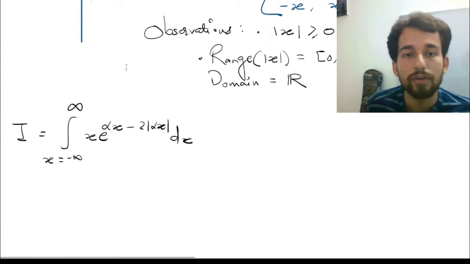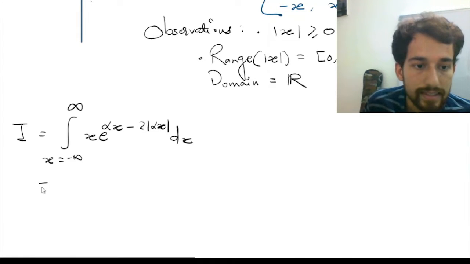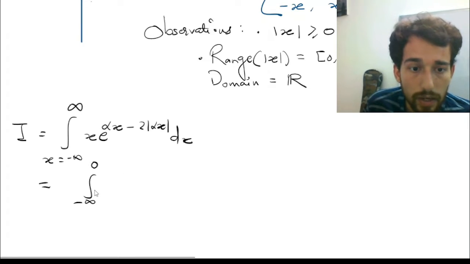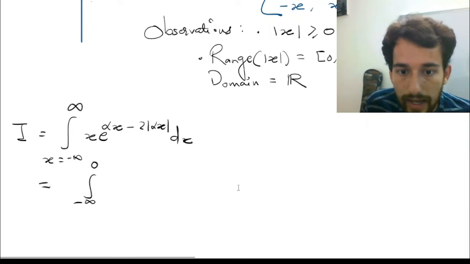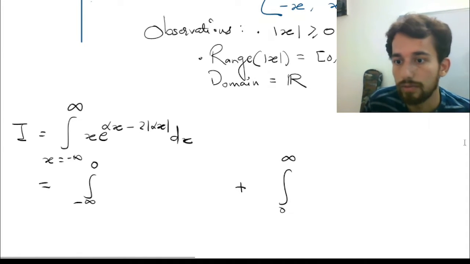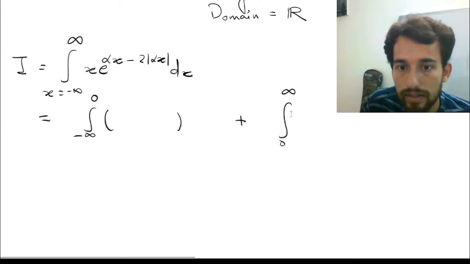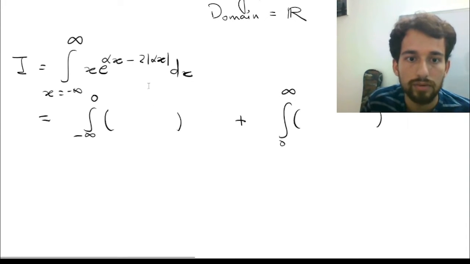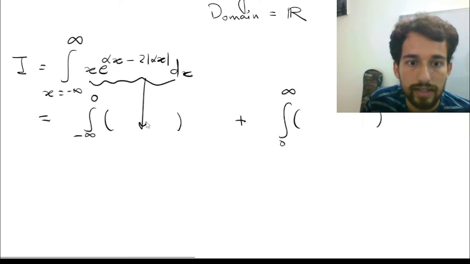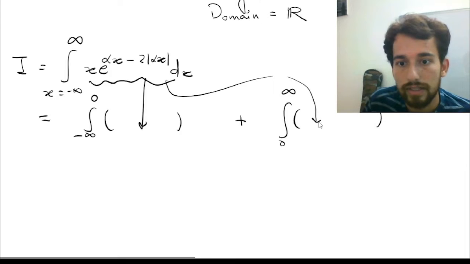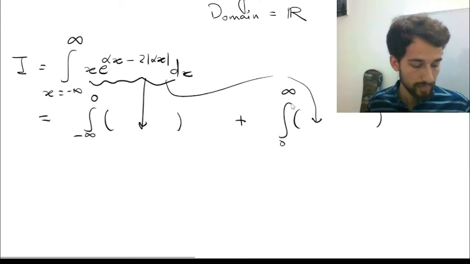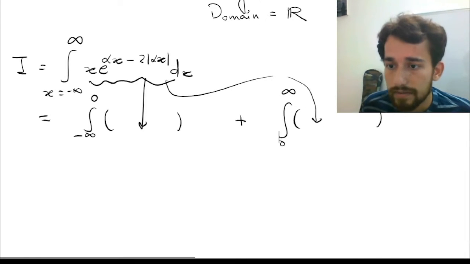So what I can do is rewrite this integral as the sum of two integrals, one for x varying over this part and another for x varying over this part of the domain. You can fill in the details here. This is the same, I'm not writing it again. You can note down the whole expression here as well as here.